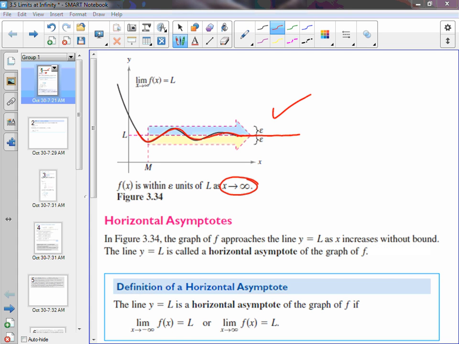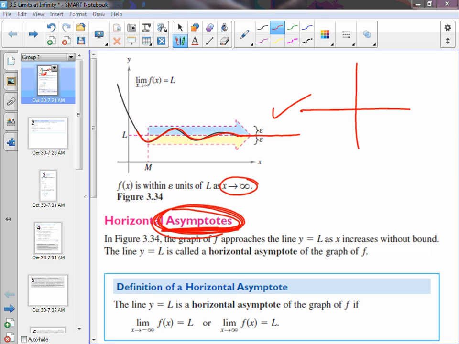So what this is trying to tell us, you can probably guess, but what do you call a line that the graph gets closer and closer and closer to? You call it an asymptote. Now, we're more used to vertical asymptotes, but you can have horizontal asymptotes. Okay?